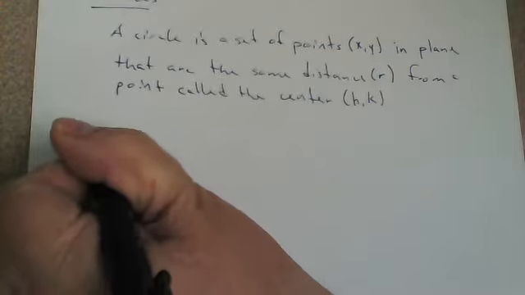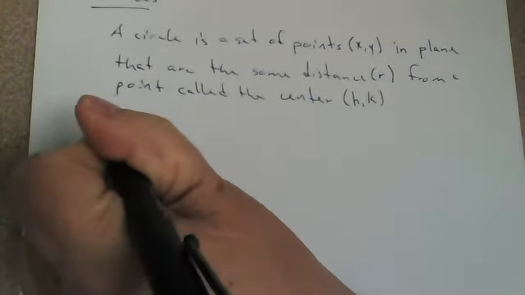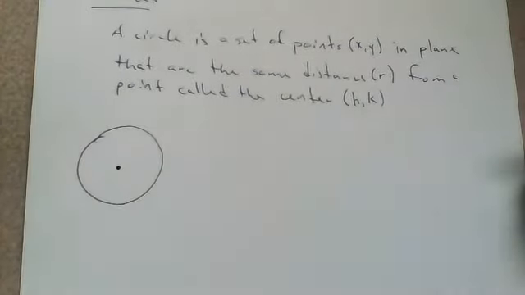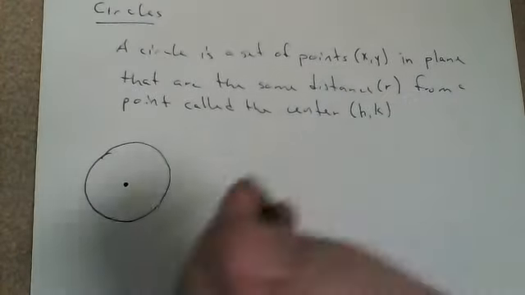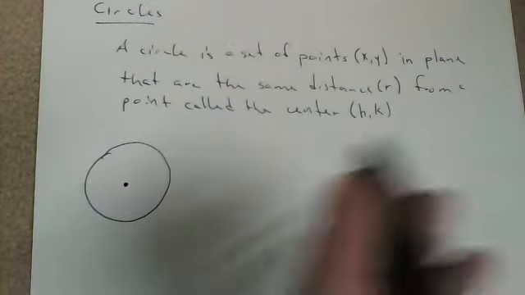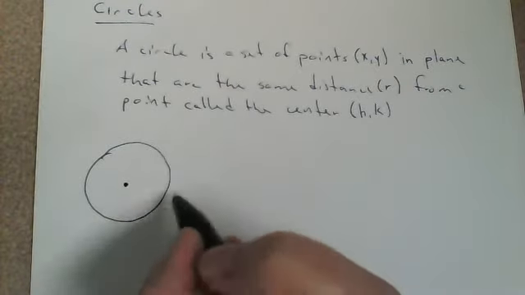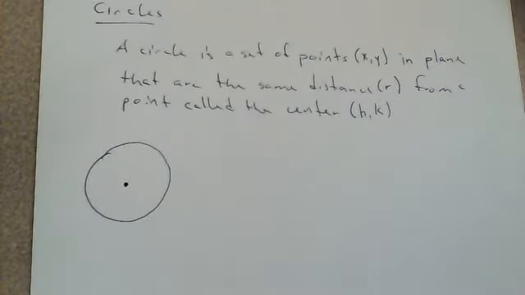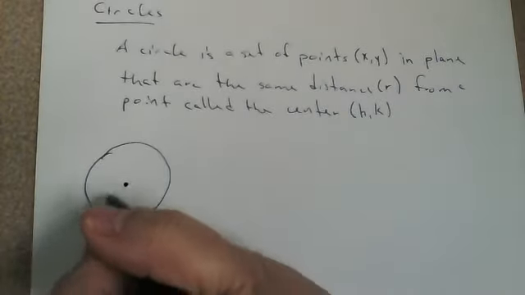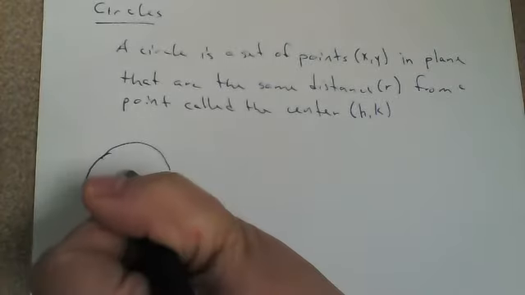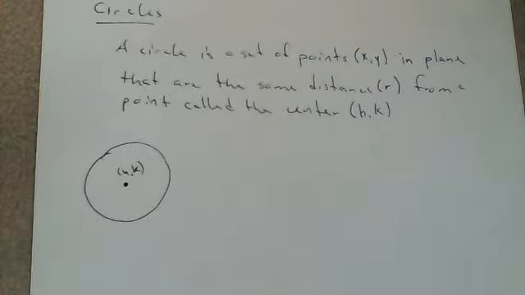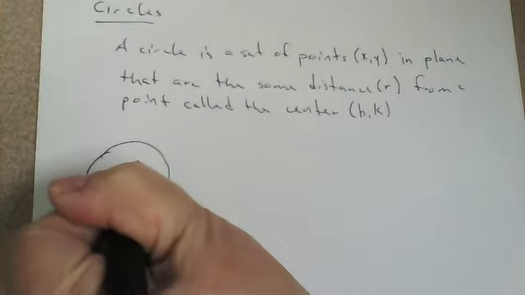But think about this. So we have a circle, right? Okay, it's not the best circle in the world, right? And we're saying that XY is any point on the circle, and it doesn't matter which point it is, because technically every point on a circle is an equal distance to our center. So if our center is HK, that doesn't look like an HK on the screen to me, but it's an HK.